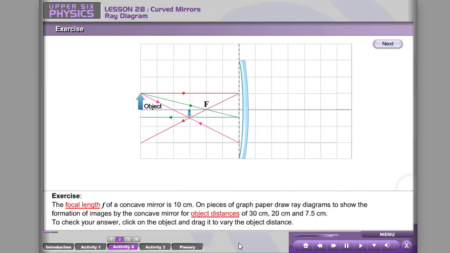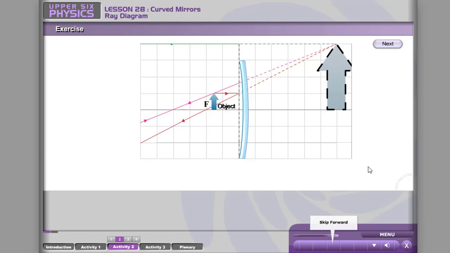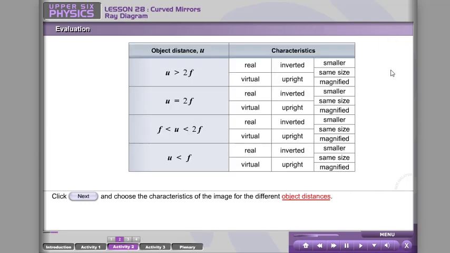To check your answer, click on the object and drag it to vary the object distance. Click the next button and choose the characteristics of the image for the different object distances.